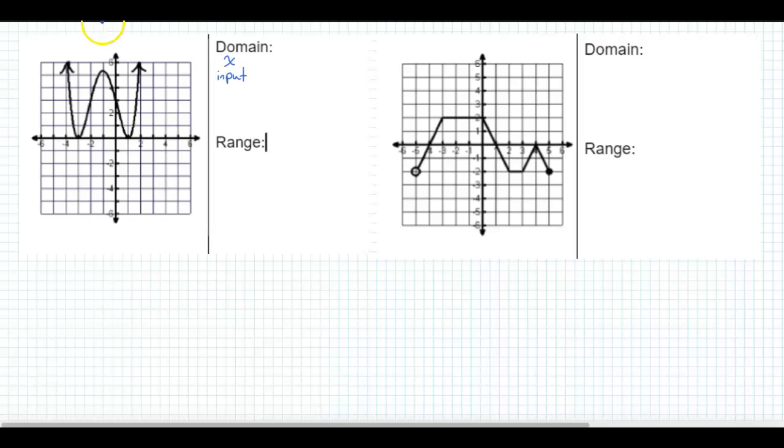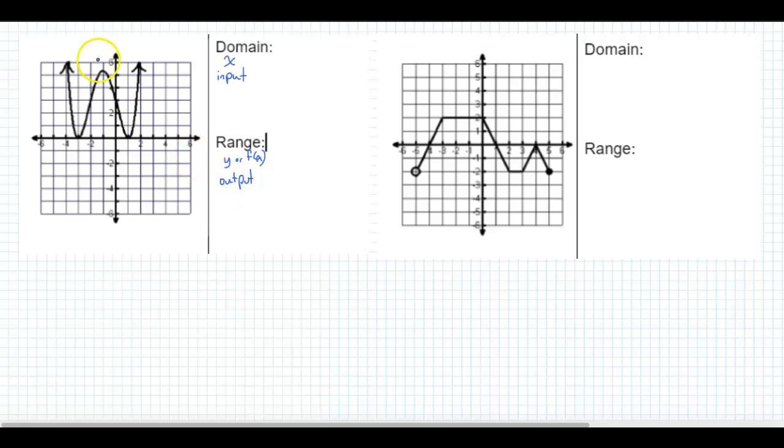Most taxi companies will start with a starting cost and then charge you so much per kilometer. So it would be the starting cost plus, depending on how many kilometers you go, that would be the range for the price. These are the y values, or f of x. This is the output.